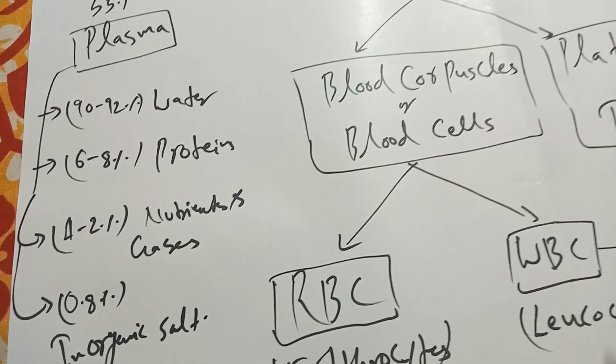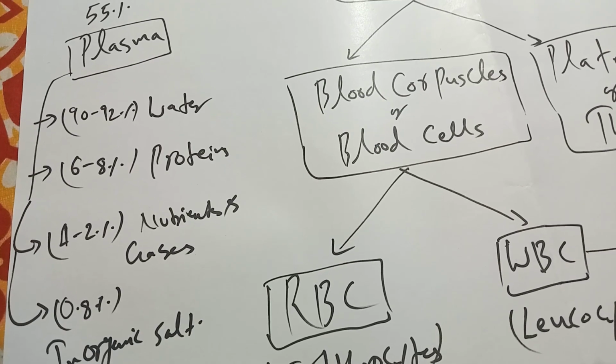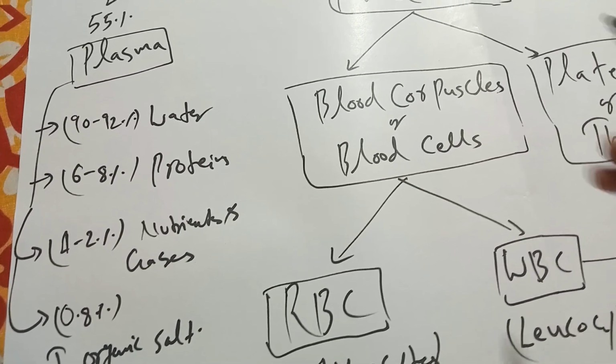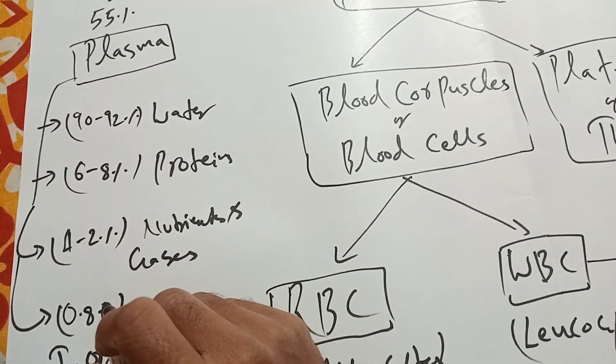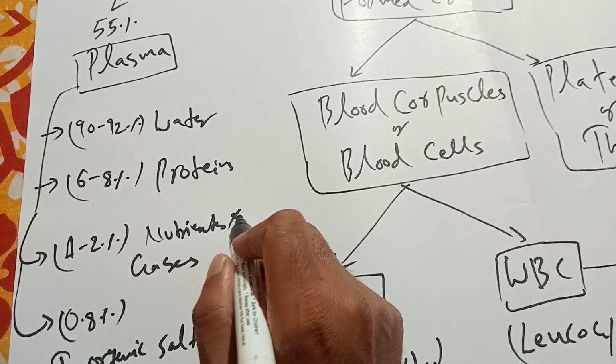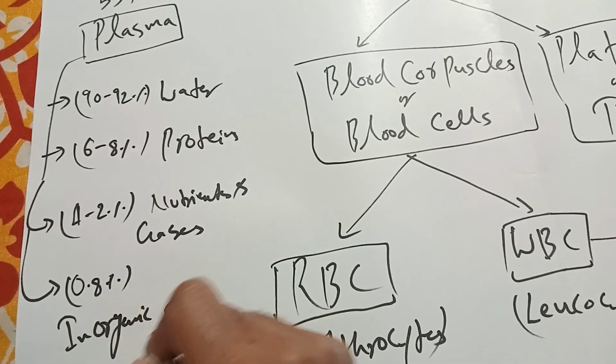So plasma has 90 to 92% water, 6 to 8% proteins, 1 to 2% nutrients and gases, 0.8% inorganic salt.